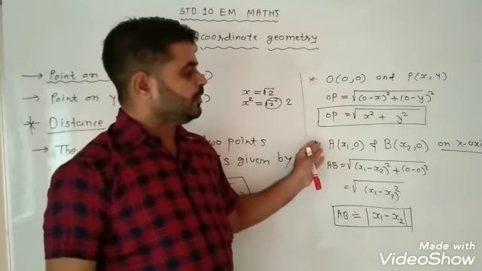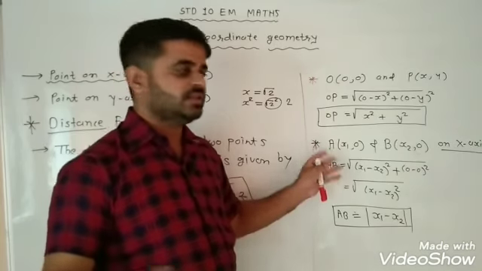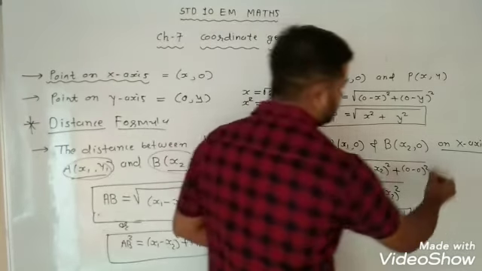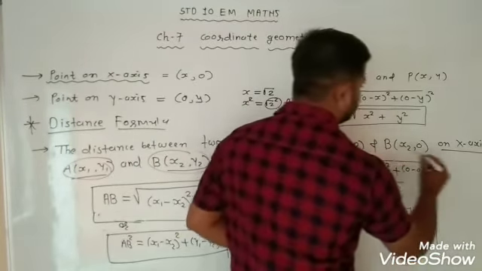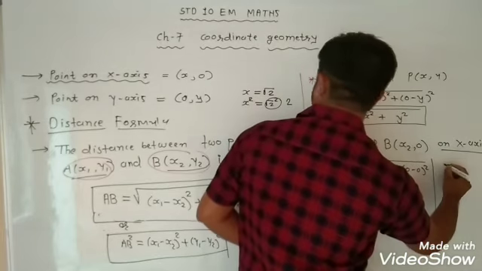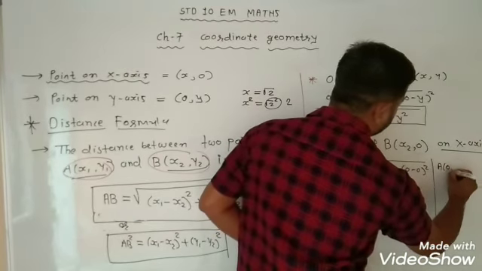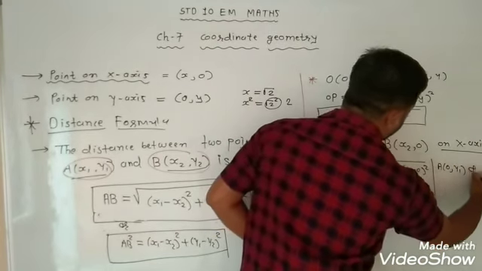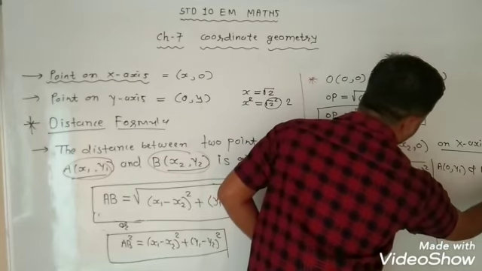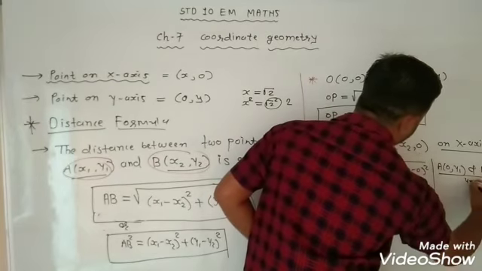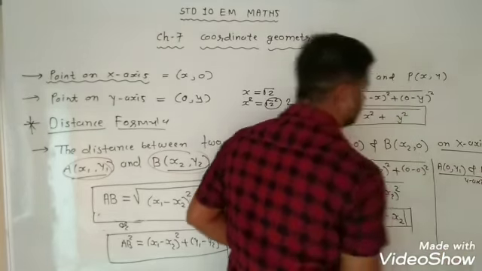If these 2 points are lying on y-axis, then what happens? If these 2 points are lying on y-axis, then the coordinates of these points are, I write here, A is 0, y1 and B is 0, y2. These points are lying on y-axis. Then what is the answer?